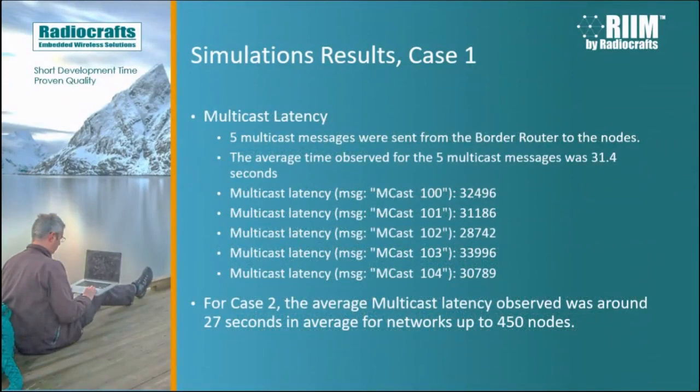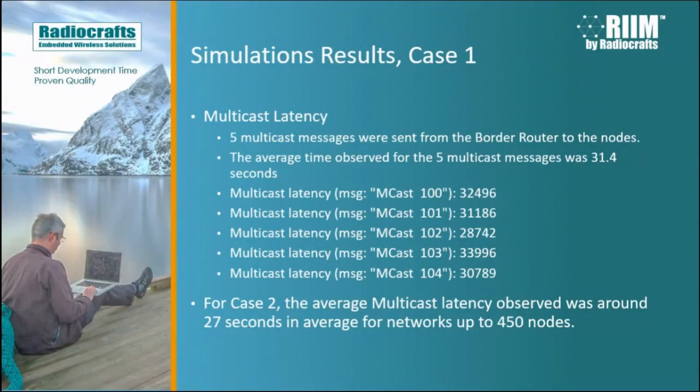Okay, how about when the question is asked, how much time will it need for my broadcast message to reach all my nodes, which is multicast latency. Five multicast messages were sent from the border router to the nodes.